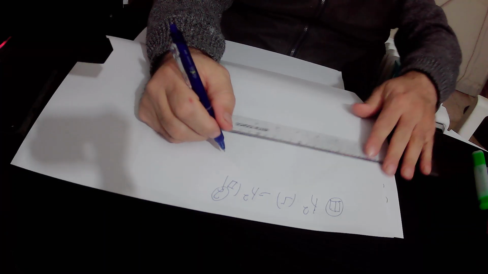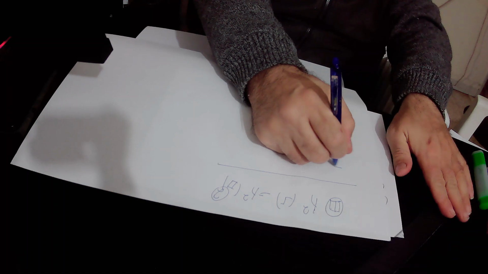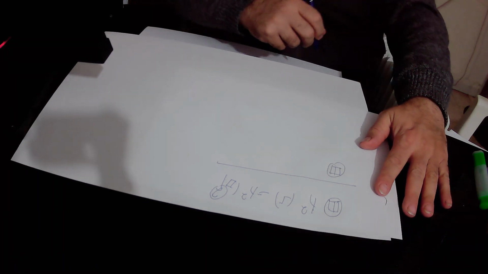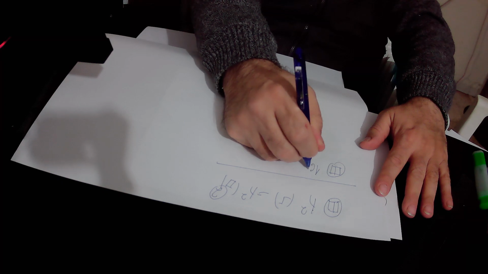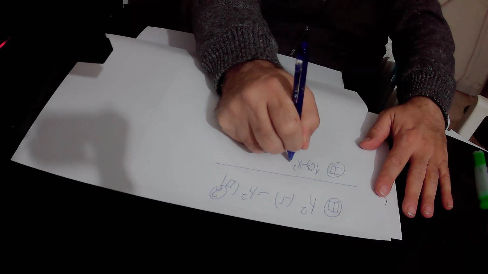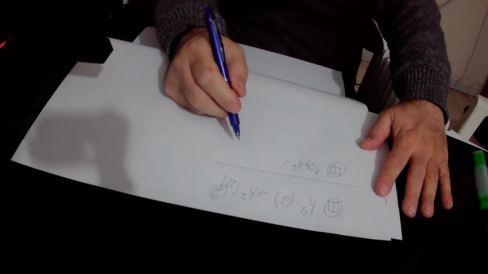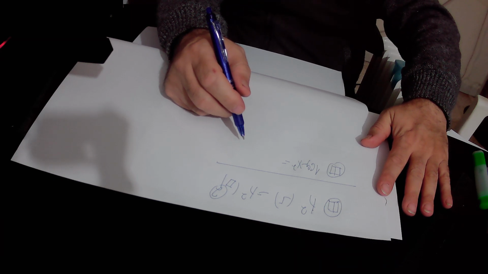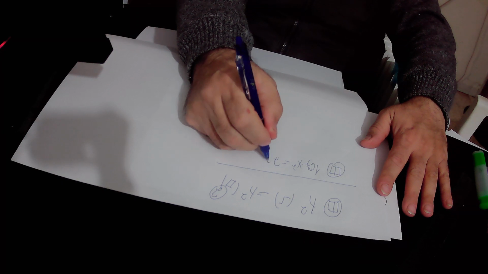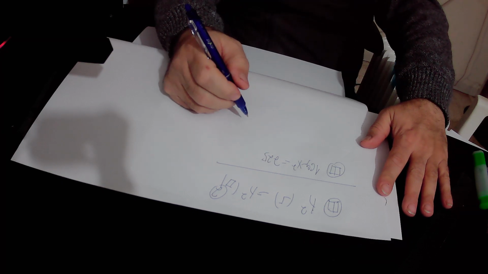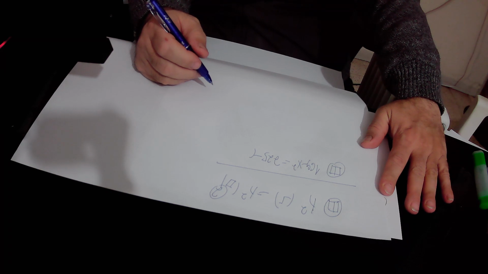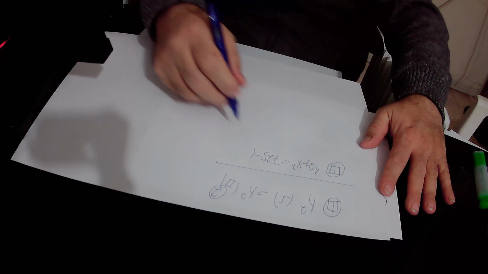So H squared according to equation number 1 is equal to 169 minus X squared, and it must be equal to H squared according to equation number 2. H squared according to equation number 2 equals 225 minus (14 minus X) squared.